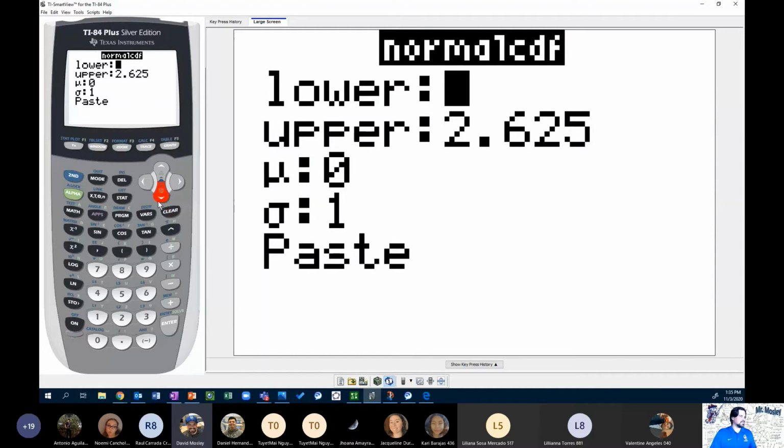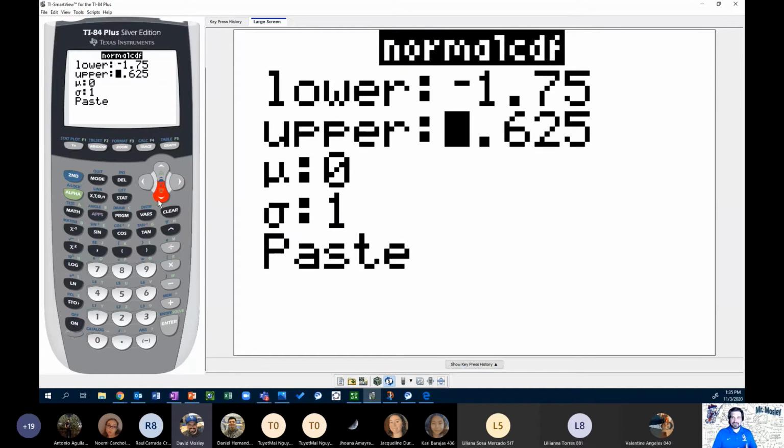All right. And this now allows me to enter the lower and upper bound along my curve. Now in this case, I only have a lower bound, because I want everything to the right of that point. So I'm going to enter that in as a negative 1.75.